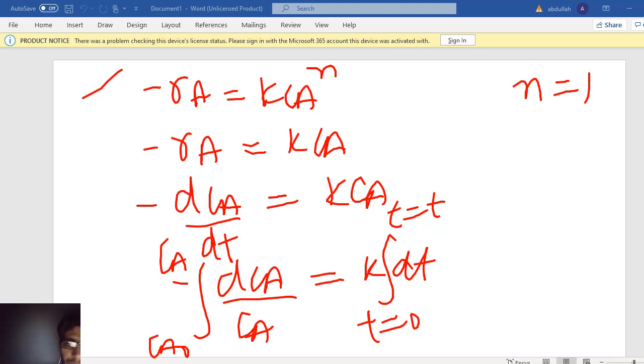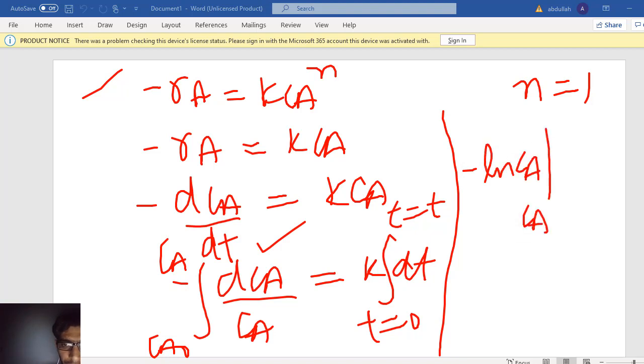Now this relation will be equal to minus ln Ca. Take the limit from Ca0 to Ca, which will be equal to K into time.